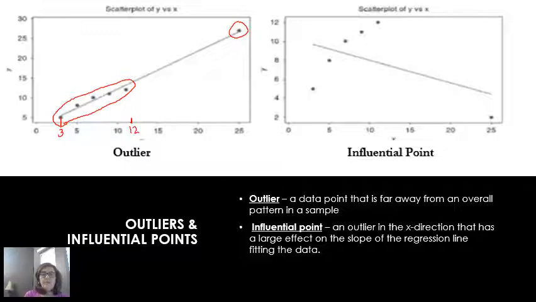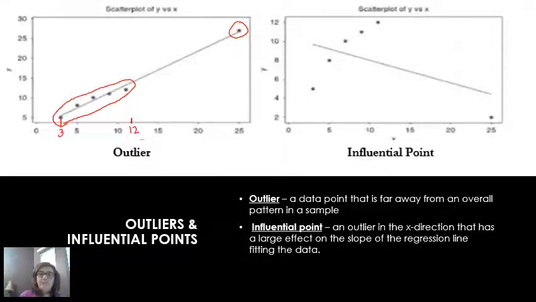Okay, on the other side of this is the influential point over here. An influential point is an outlier in the x direction that has a large effect on the slope of the regression line fitting the data. Here's what happens with this one.